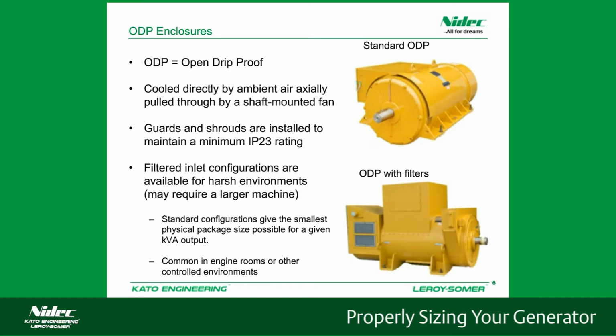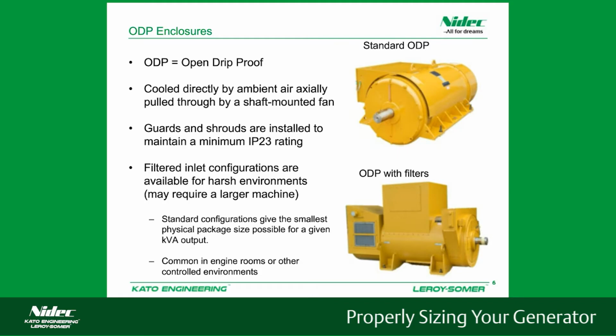And you can see on the picture to the right there are some vents along the top. We have a drip cover over top of that to make sure water doesn't get in that's coming straight down. We have guards and shrouds to maintain an IP23 rating. That has to do with water dripping straight down and also keeping more or less your fingers out of there so people can be safe to be around the unit.